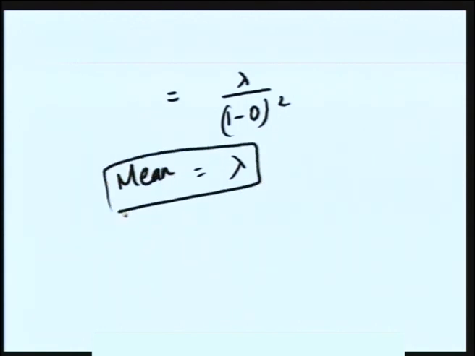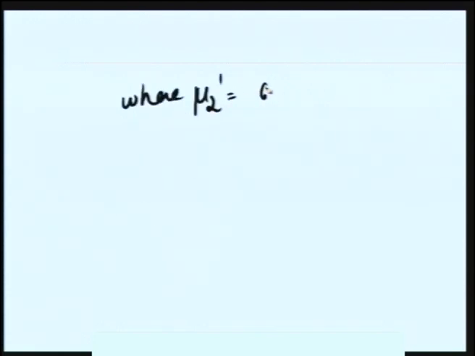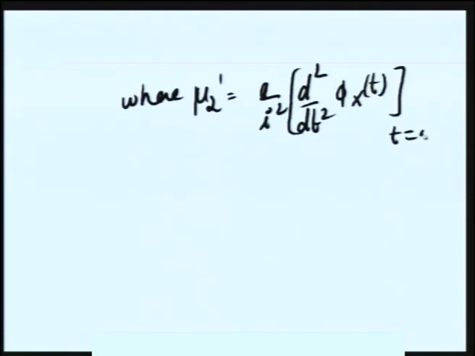Next we have to find out the variance. Variance is equal to μ2, and μ2 is equal to μ2' minus μ1' square. This μ1' we have just found out, that is the mean, equal to lambda, right. Next we have to find out μ2', where μ2' is equal to 1 by i square, d square by dt square of the characteristic function at t equal to 0.